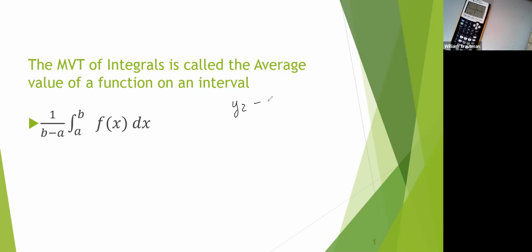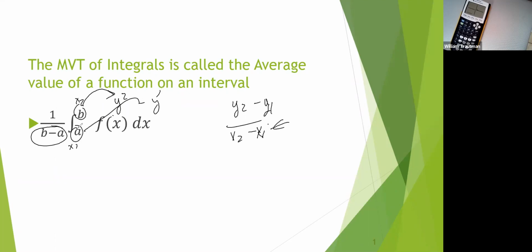You have y2 minus y1 over x2 minus x1, with the x's on the bottom. You put the 2 in first. So this is the change in y divided by the change in x.